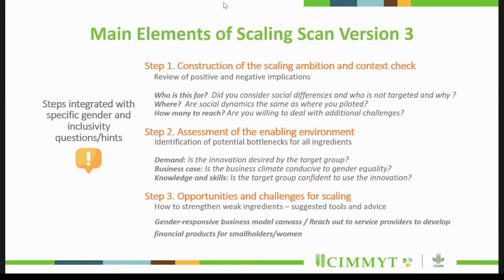So this is an overview of how we intervened in that revised scaling scan to make it more socially sensitive, and so that people who do the scaling scan, the users, can really have a lot of questions that can stir their thinking. I think I stop here, and of course, any questions I'm more than happy to answer.